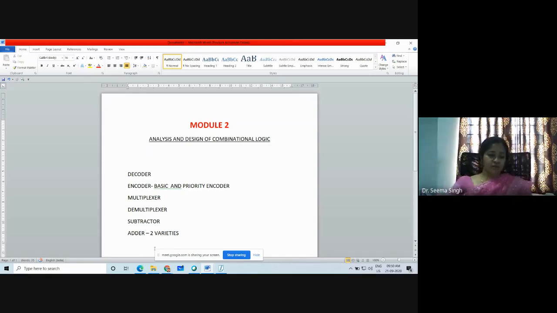Now, as you know, all of this is combinational logic, and I hope you remember the definition. A combinational circuit is a combination of logic gates where the output depends only on the present input. We have seen this in the previous module also, including the design of various types of combinational logic.